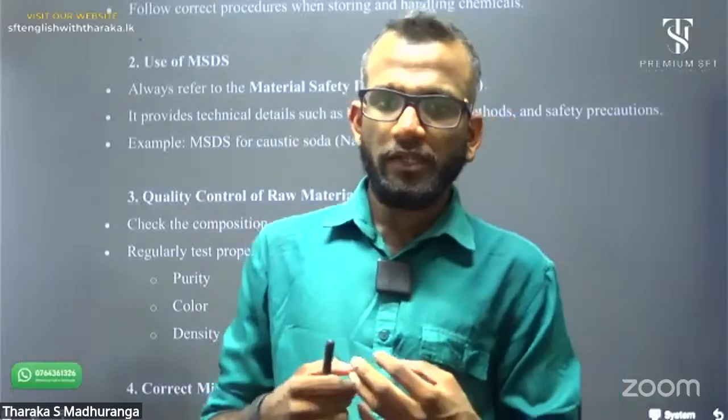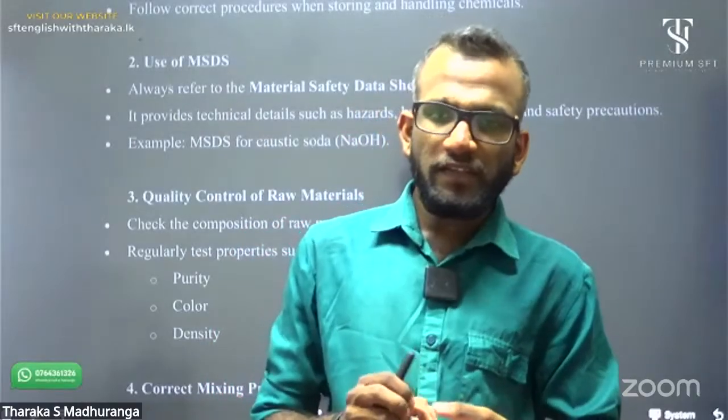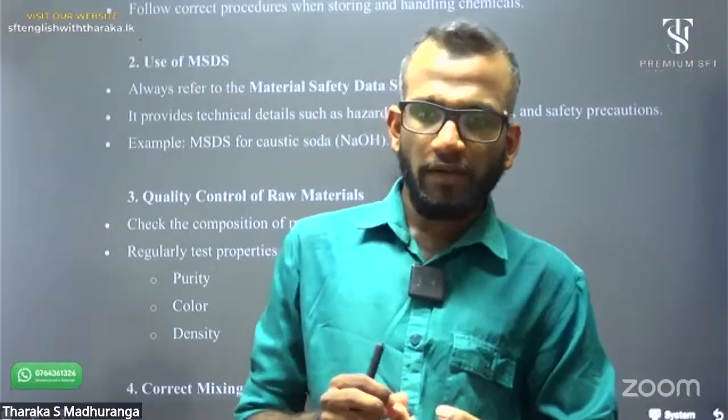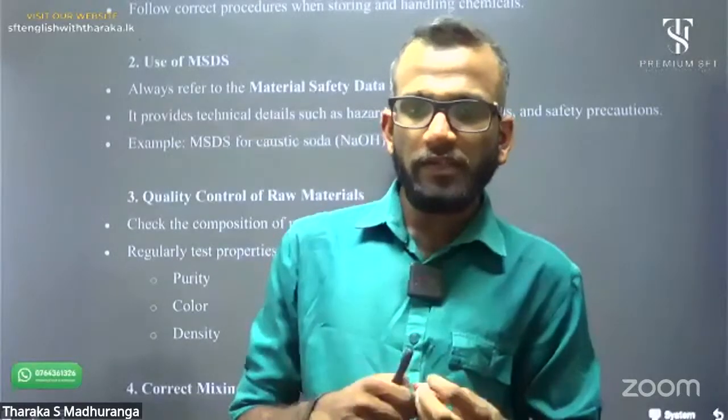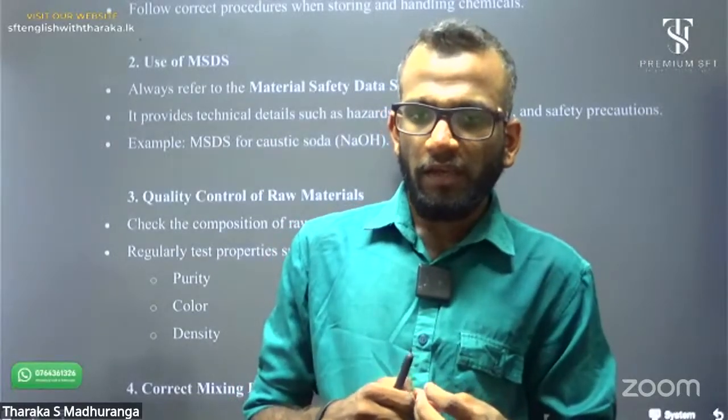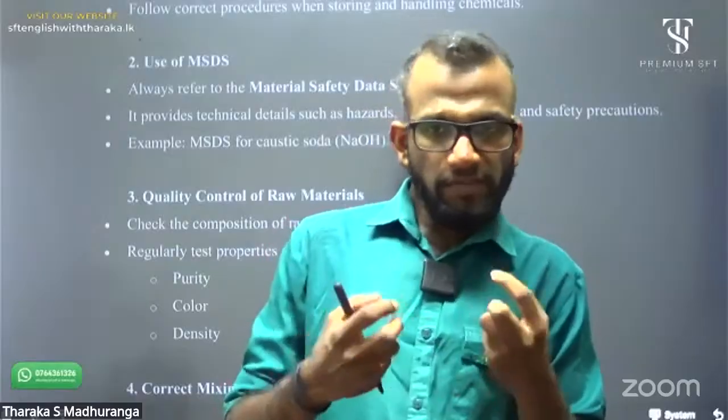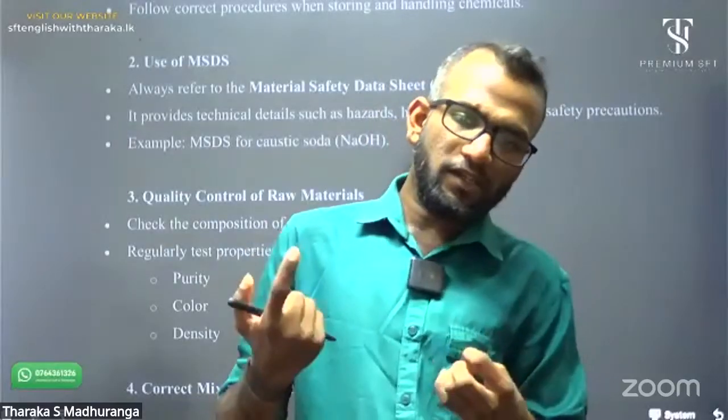Yeah. Sort, set in order, shine, standardize, sustain. Safety is a new one, a modified version. Okay, they are sort, set in order, shine, standardize, and sustain. They are the 5S concept in English.